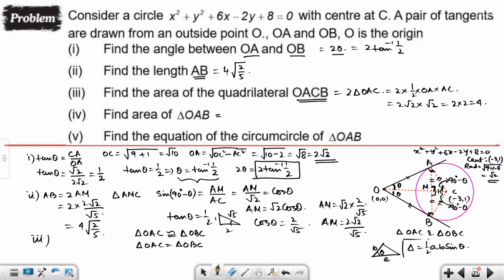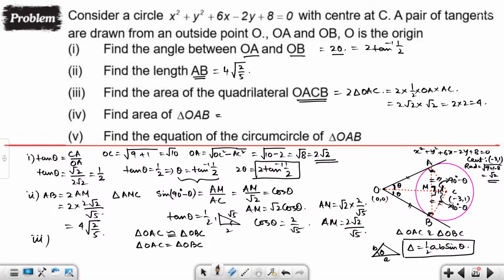Remember this. It has not been included in the JEE syllabus, they have eliminated this portion, but you must remember it. Properties of triangle is a very useful chapter. So the area of a triangle is always half the product of two sides into the sine of the angle between them.